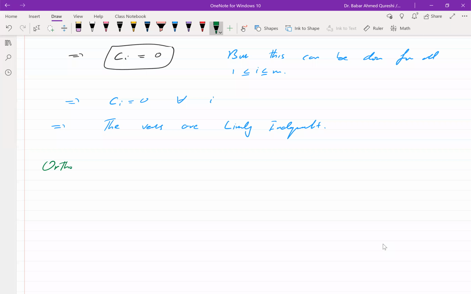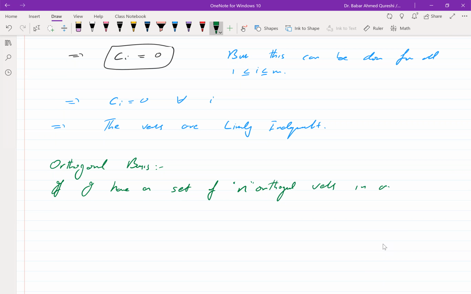Now I come to this orthogonal basis. If I have a set of n orthogonal vectors in an n-dimensional vector space, then what I have is n linearly independent vectors.